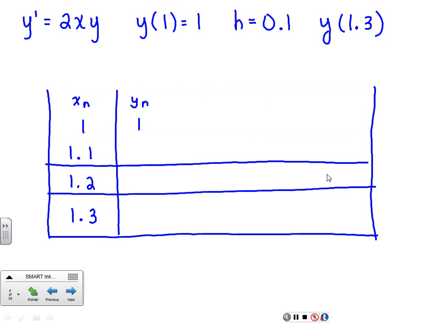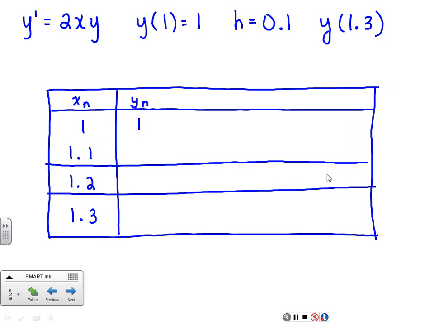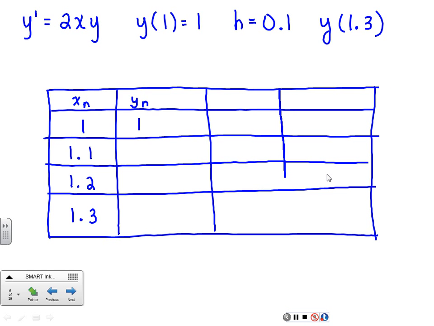So, first and foremost, what do I fill in right here in a sub n? It's just your regular differential equation, right? So 2 times the x times the y. So 2 times 1 times 1. Yay, no problem. Okay, here's where it gets weird.